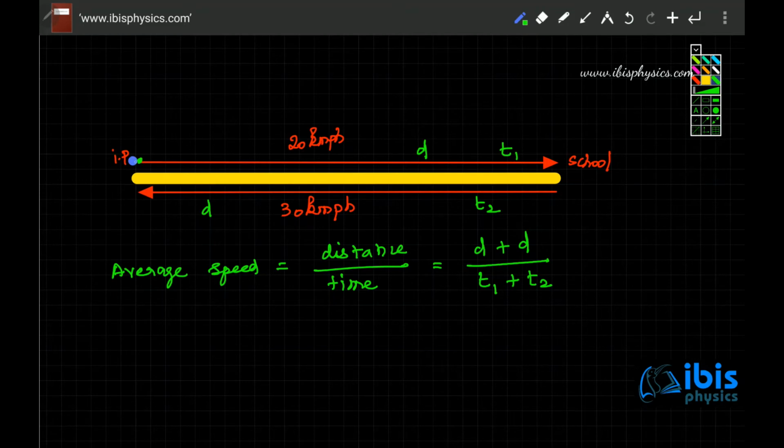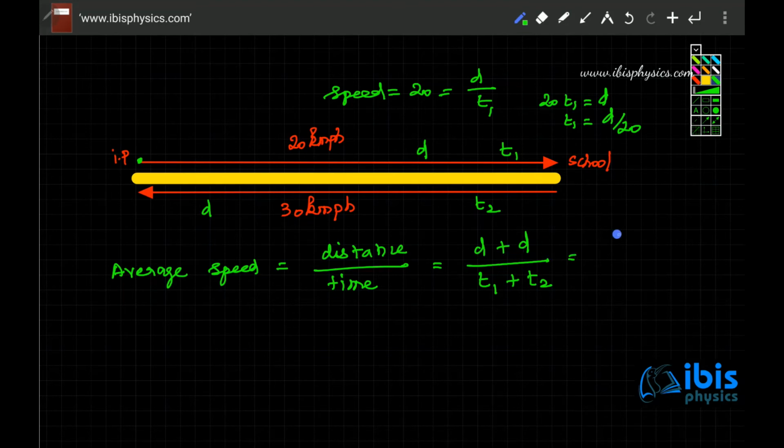From his initial point to school, speed is 20 kilometer per hour. We know that speed is distance by time. We assumed the distance is d and the time is t1. When you cross multiply, 20 t1 equals d, or t1 is equal to d by 20.